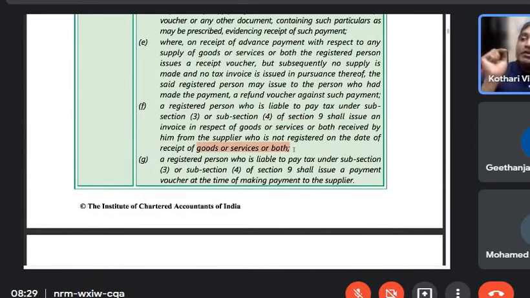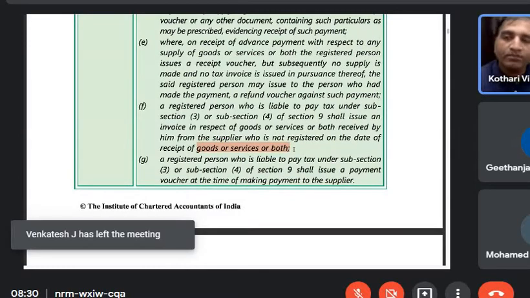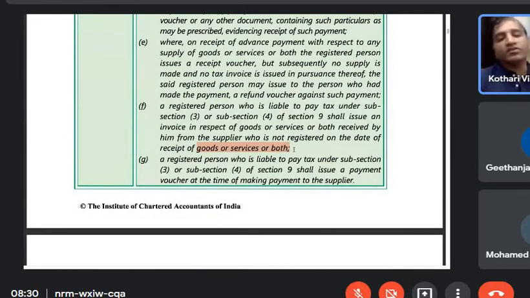So if you are liable to pay tax on certain receipts on a reverse charge basis under section 9(3) or 9(4), then you have to generate a self invoice, or you can call it an RCM invoice. It is a purchase invoice you are generating on yourself. So this is your sixth document, the RCM invoice.